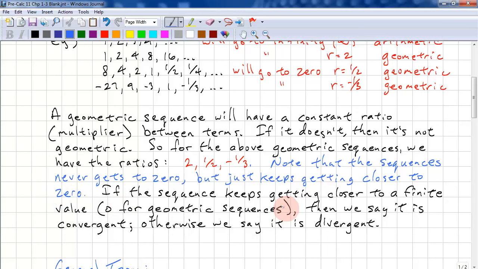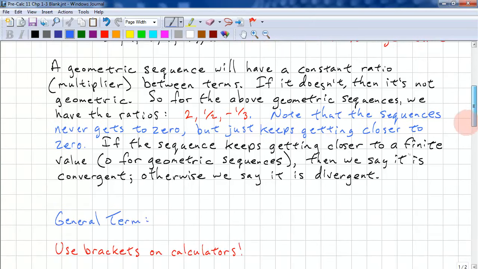So if a sequence keeps getting closer to 0, or a finite value, then we say it's convergent. Otherwise, we say it's divergent. And a note here is that it doesn't have to go to infinity to be divergent.